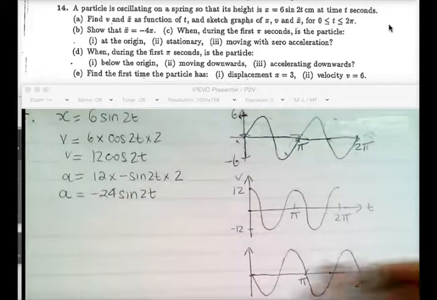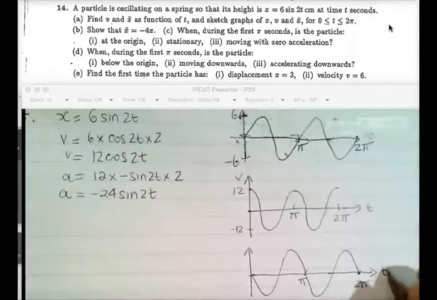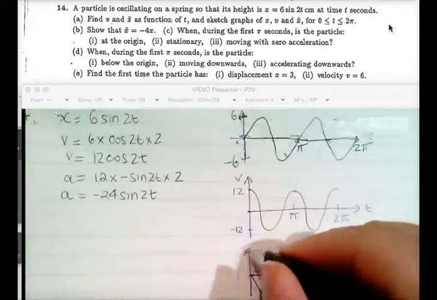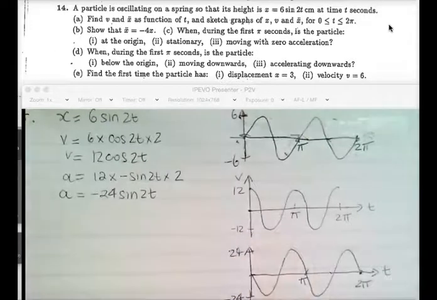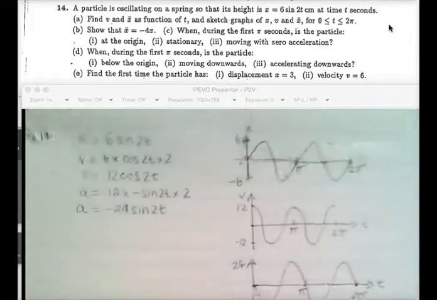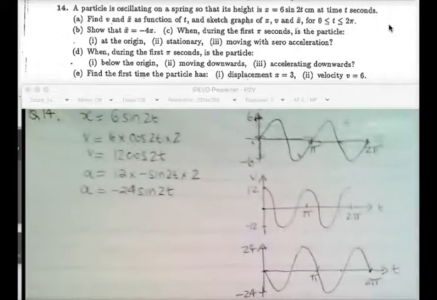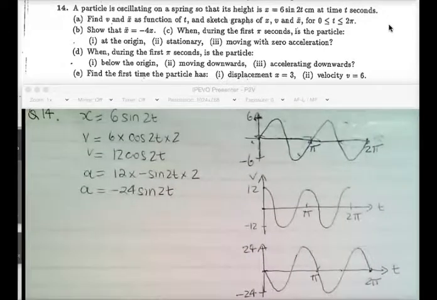Pi is the period. We've got 2 periods there. Okay, and the amplitude's 24. And there's your -24 down there. So that's part A. So find v and acceleration as a function of t. Sketch the graphs from 0 to 2 pi.